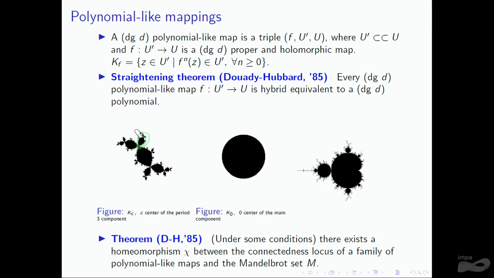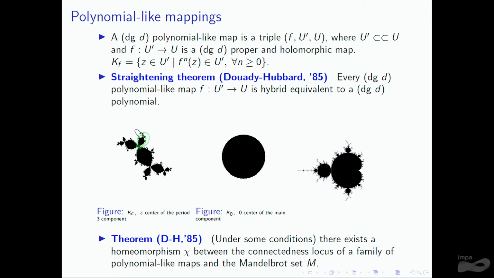For example, let's look at this guy. This is the filled Julia set of z squared plus c, where c lives here. So what happened there?